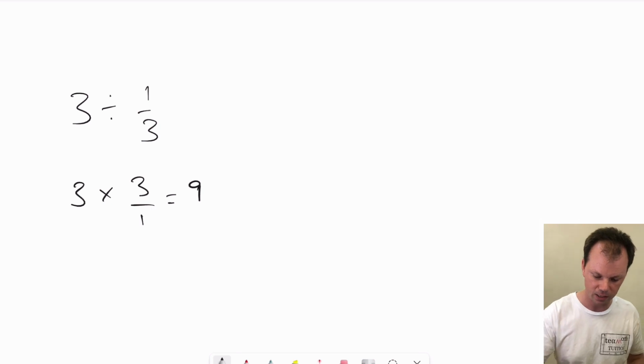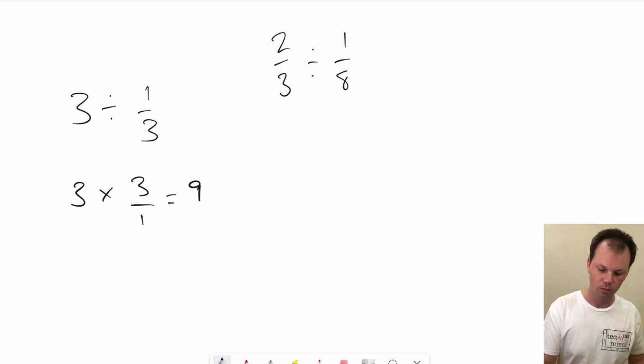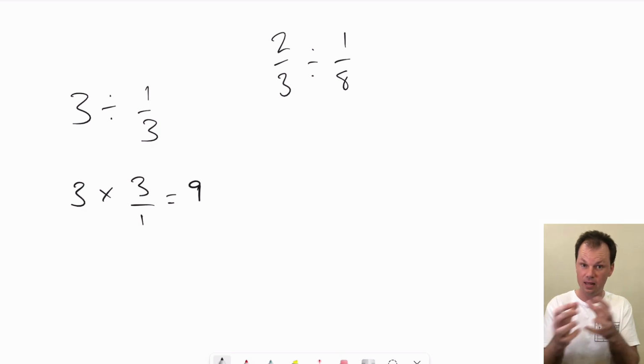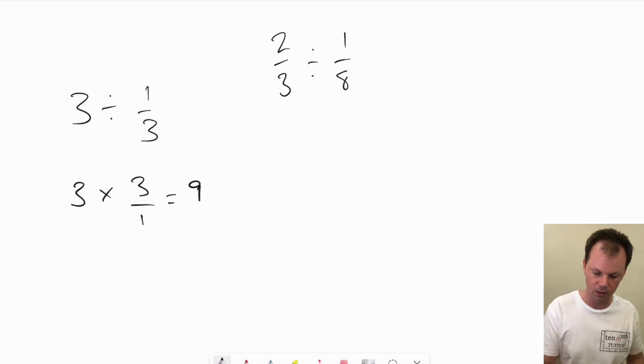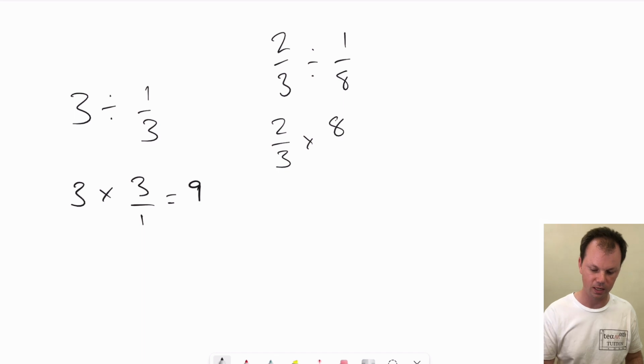If I had a fraction at the start, so let's say 2 on 3 divided by 1 on 8, for instance, we're saying how many times does an eighth go into 2 thirds? Well, we can keep the first fraction, change the sign, and flip the fraction.